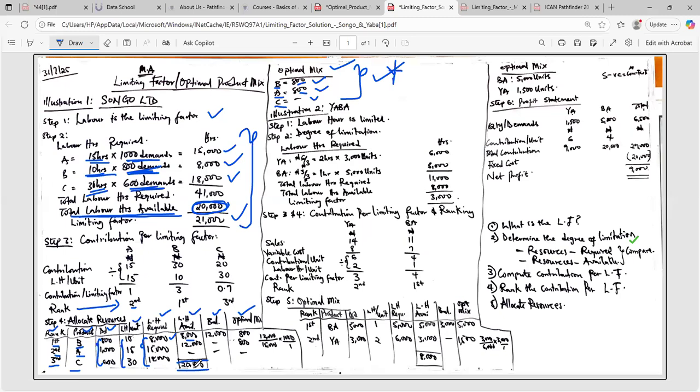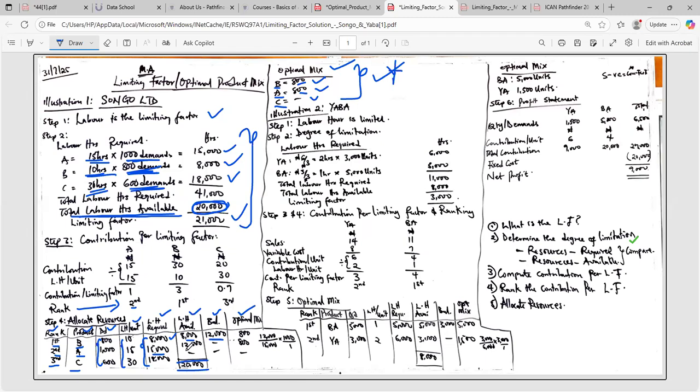So your 20,000 that you have available minus the 8,000 that you have allocated to product B will leave your balance to be 12,000 labor hours. You move to the next, which is second to allocate. It needs 15,000 labor hours, but what you have now is 12,000. So you cannot meet up with the 15,000 labor hours. What you simply do is give it the whole 12,000 that you have.